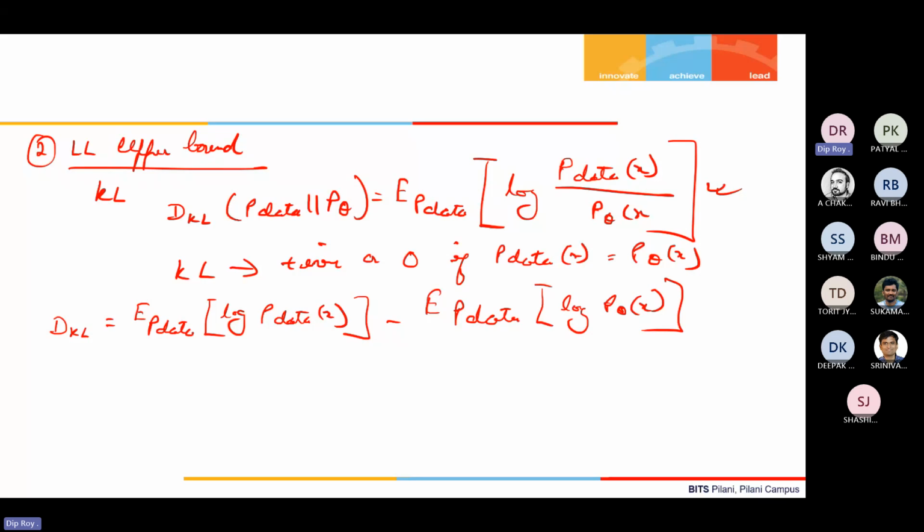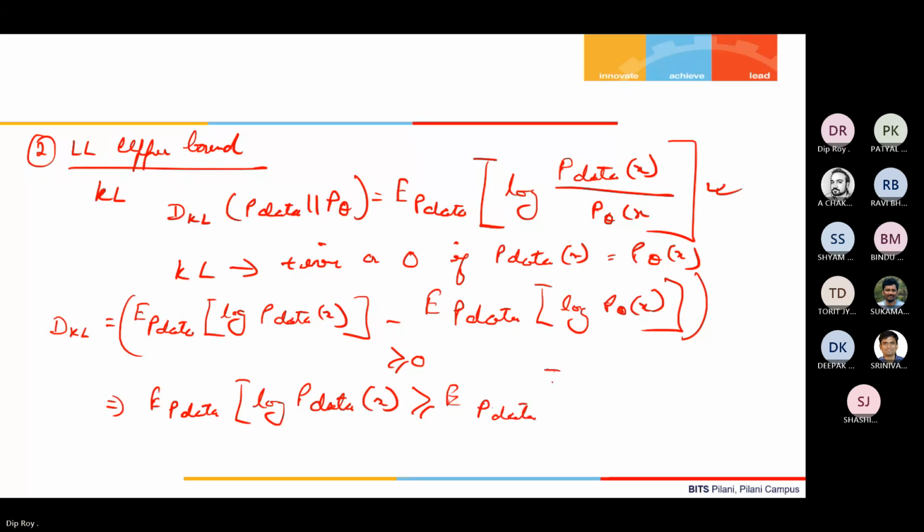Since KL is always greater than or equal to 0, this quantity will always be greater than or equal to 0, which means we can write that the expectation under P data of log of P data x is greater than or equal to the expectation under P data of log of P theta x.